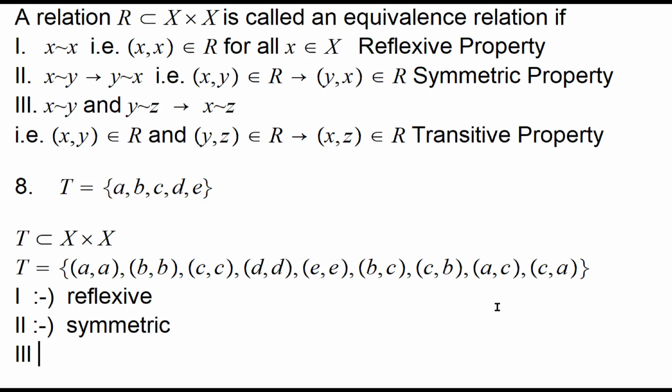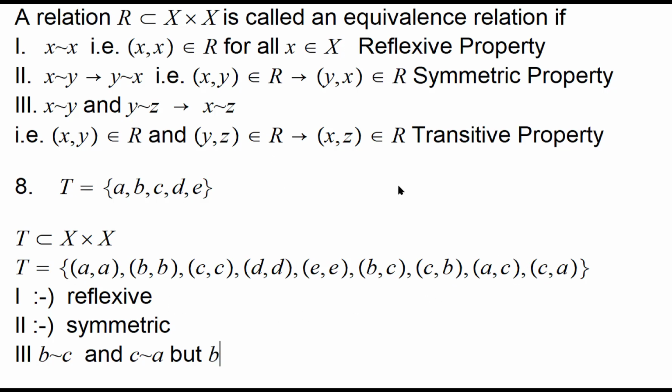But for transitivity, that's what I was trying to see. Here, if we have BC, let's look at CA. B is related to C, and C is related to A. But we do not have BA in here anywhere, right?